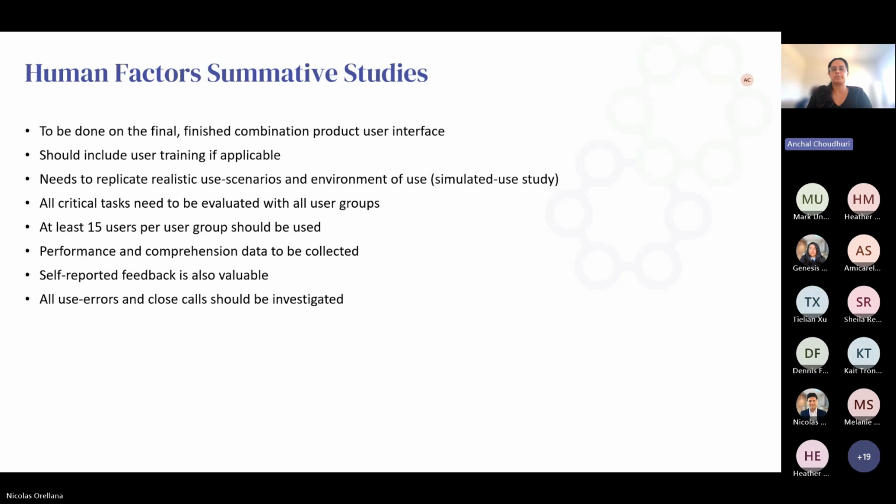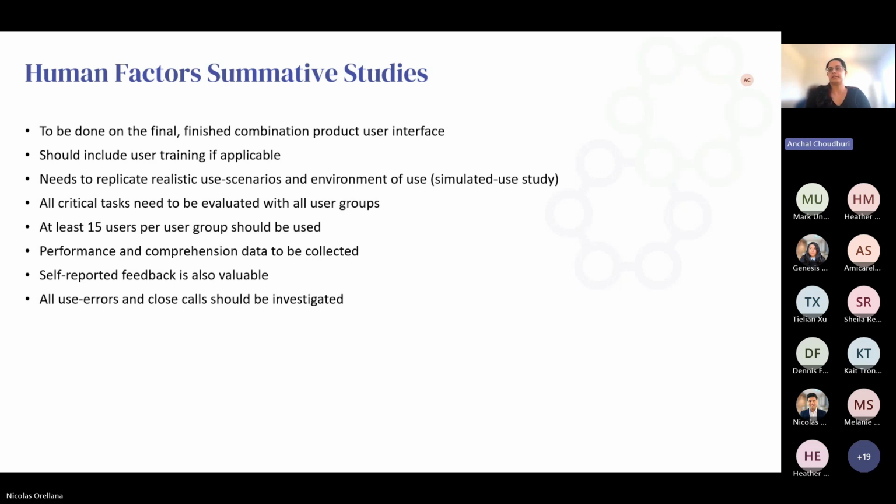Most of the time, your summative study will be a simulated use study where you're replicating use scenarios and the environment of use rather than actually using the product on a real patient.